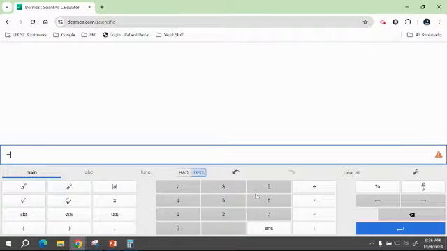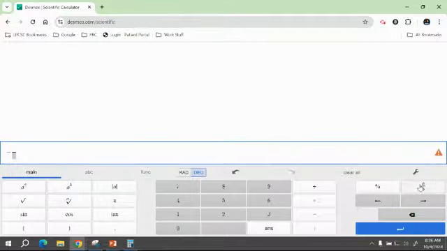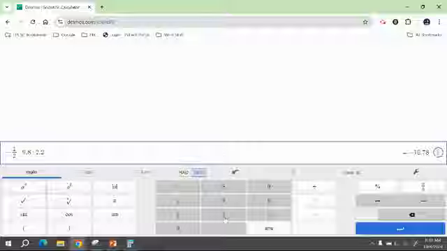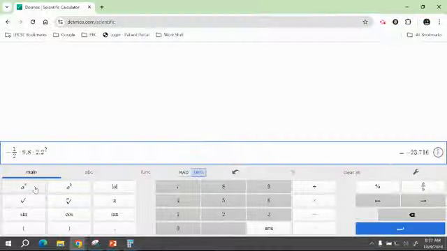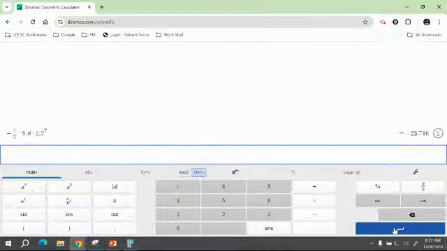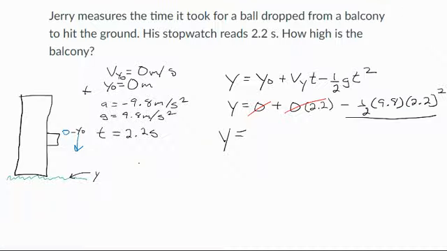Negative 1 half times 9.8 times 2.2, and then I need to square that. Now I've got negative 23.7 roughly, right? Meters.